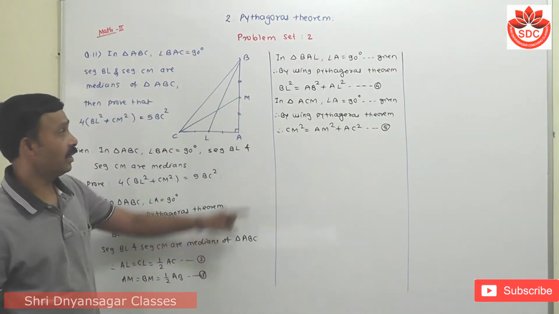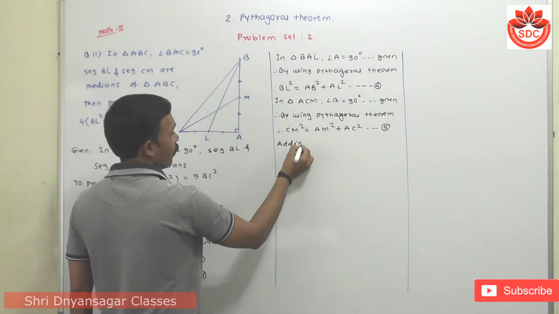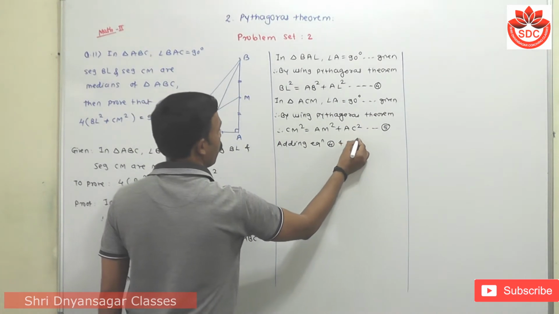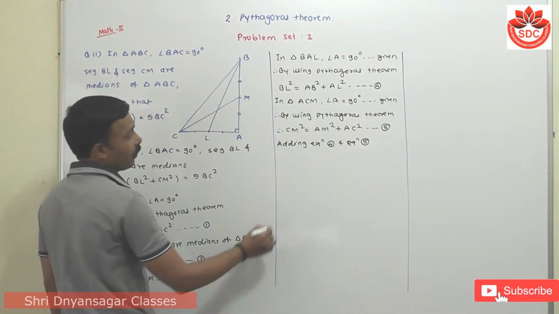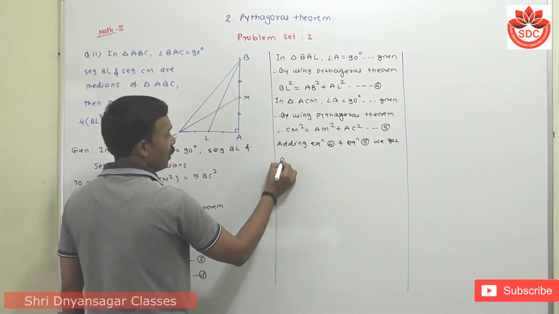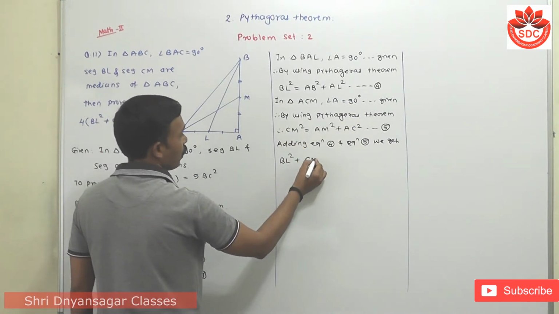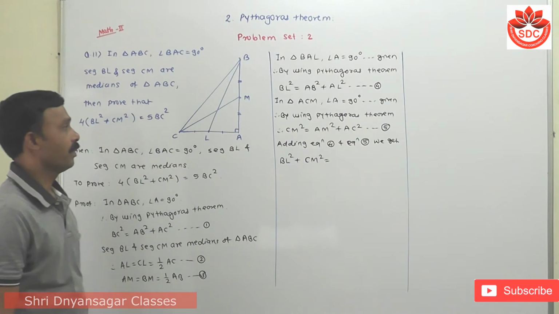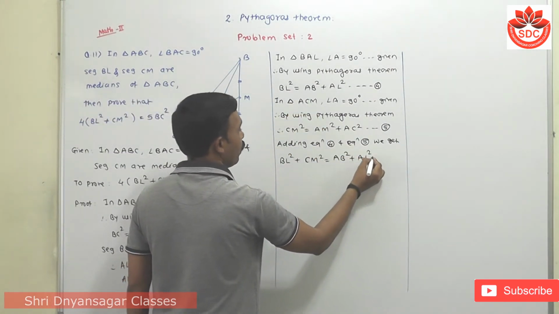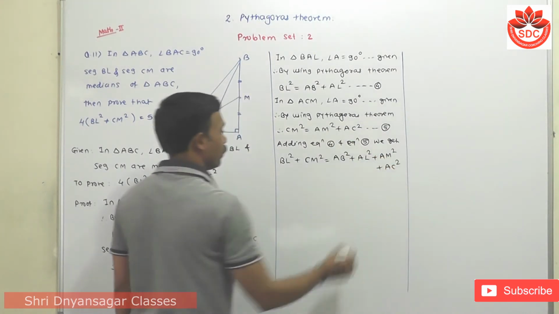Then we add equations 4 and 5. Therefore we get BL square plus CM square is equal to AB square plus AL square plus AM square plus AC square.